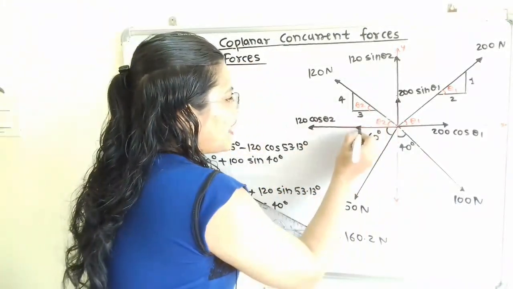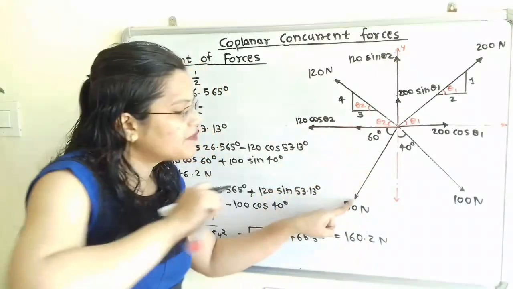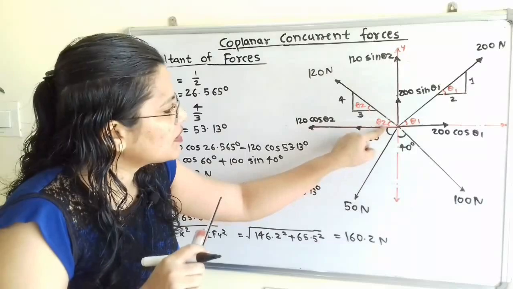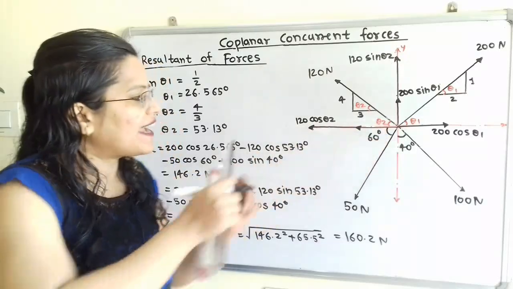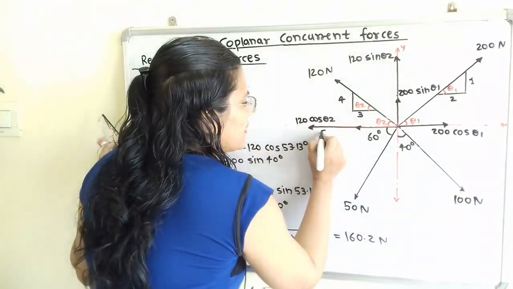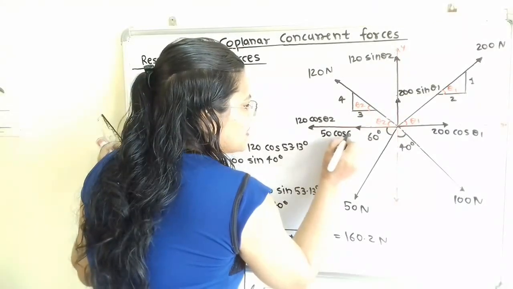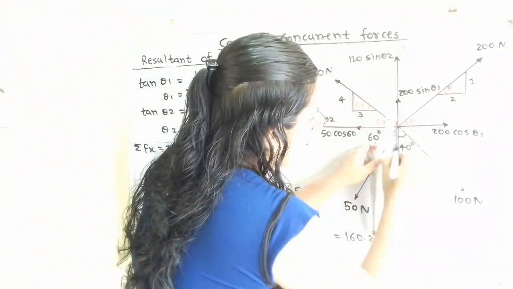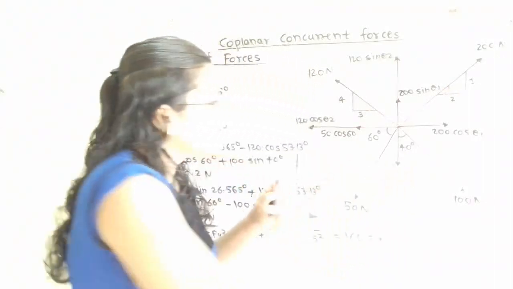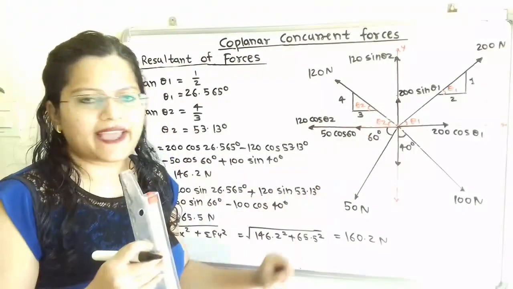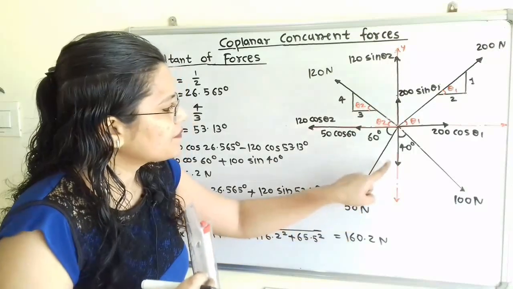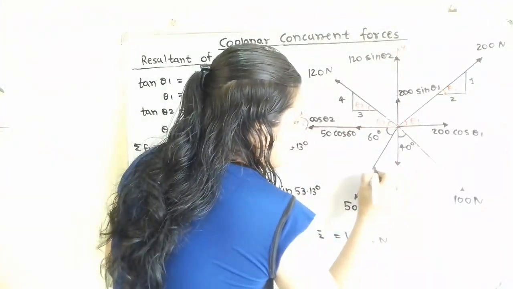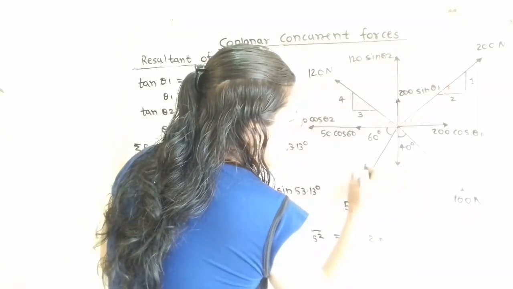Its value along the x-axis is 50 cos of 60 degrees, because this component is nearby or attached to the angle 60 degrees. Now the vertical component is away from the angle 60 degrees, so 50 sine of 60. I will show it here.